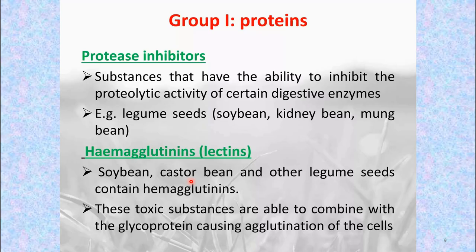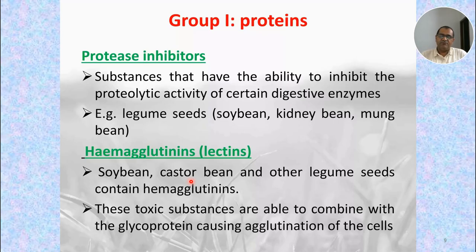Then we will see what are all the hemagglutinins which are present in which type of the feed, etc. The number 1 is the soya bean, then the castor bean. Castor bean is also one of the most toxic elements, and other legume seeds contain the hemagglutinins.